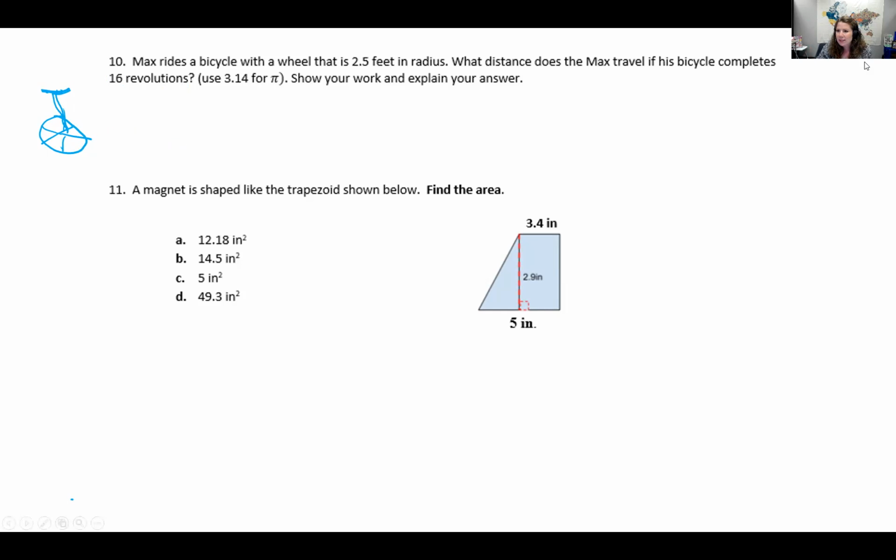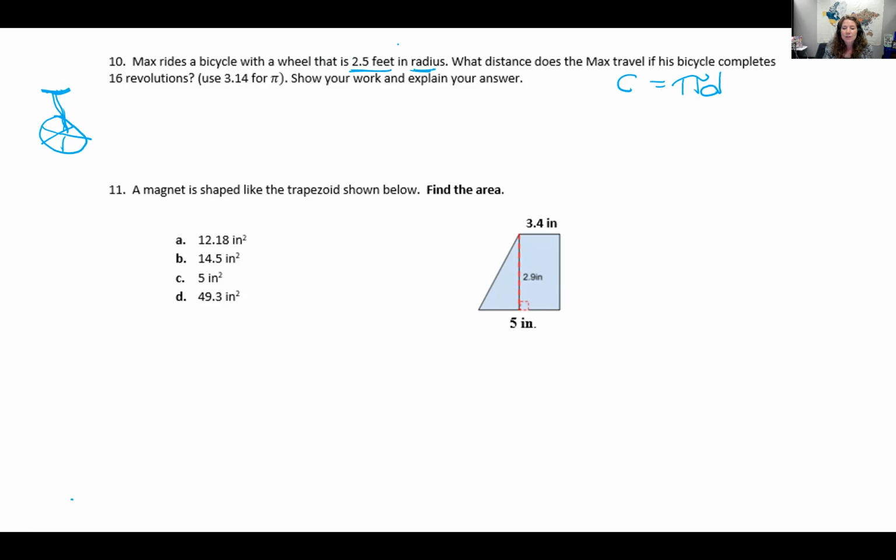So let me move this so I can see the math problem. It wants to know what distance will Max travel if his bicycle completes 16 revolutions. We have to use the circumference formula to see the distance around his tire. My formula is circumference equals pi times diameter. It doesn't give me the diameter, but it gives me the radius.